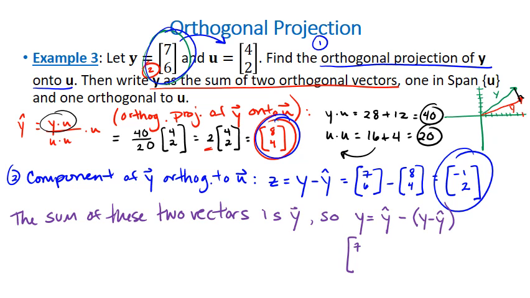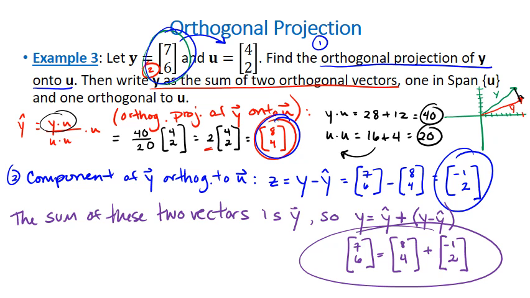So 7, 6 is equal to y hat, which is 8, 4, minus, I'm sorry, plus. This should be a plus. That's better. Plus -1, 2. There you have it. I have an illustration here, but you can see something a little bit better on page 343. I believe it is figure 3.